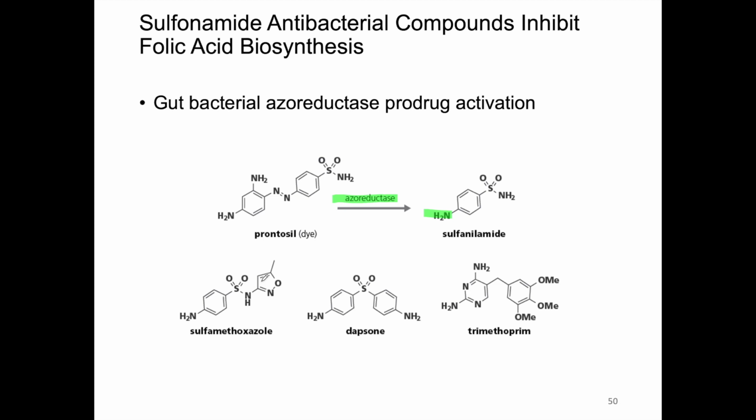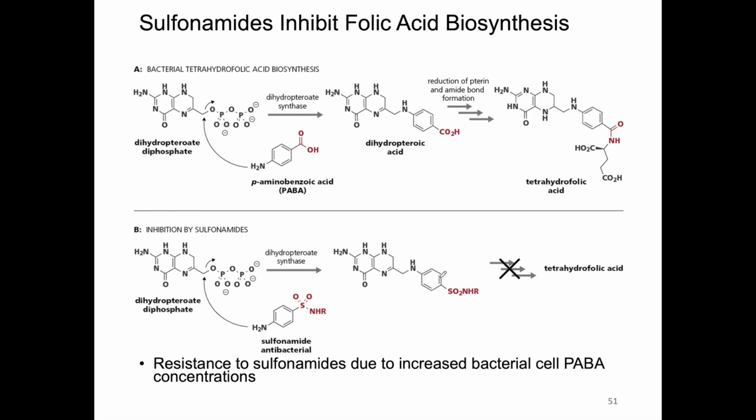Shown below is the analog sulfamethoxazole that is used clinically nowadays, particularly in combination with trimethoprim. So the sulfonamides and trimethoprim inhibit the folic acid biosynthesis.